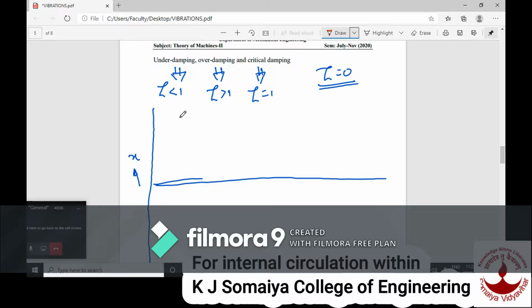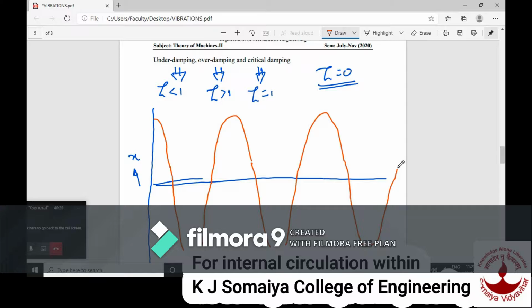When zeta is equal to 0, the system vibrates in this nature. There will be no change in the amplitude for any number of cycles. So the system continues to vibrate, and for this zeta is equal to 0. So this is free undamped vibration.